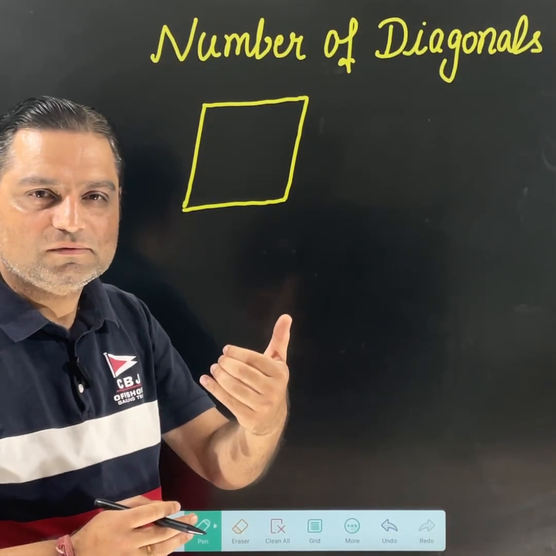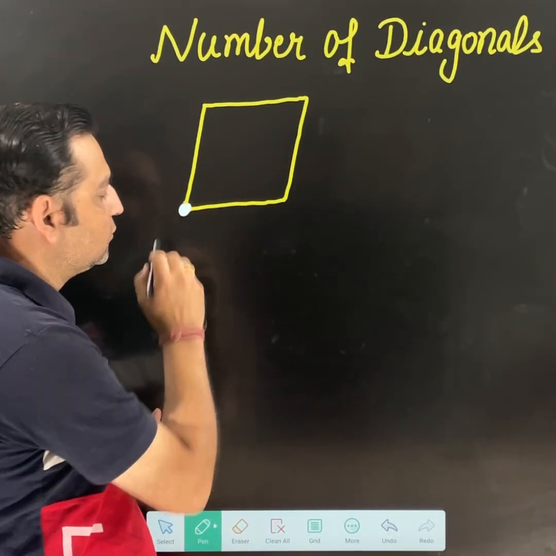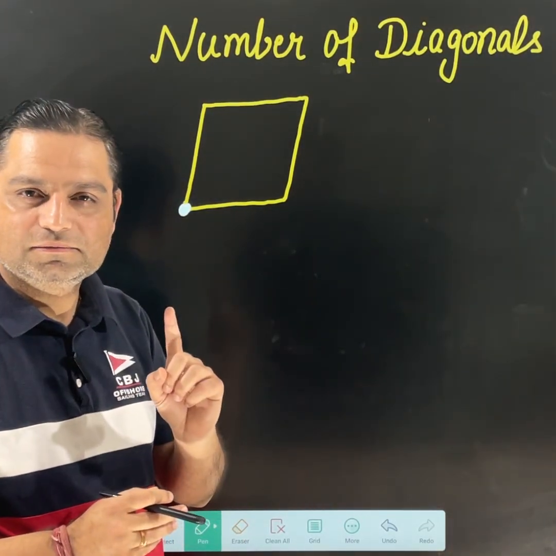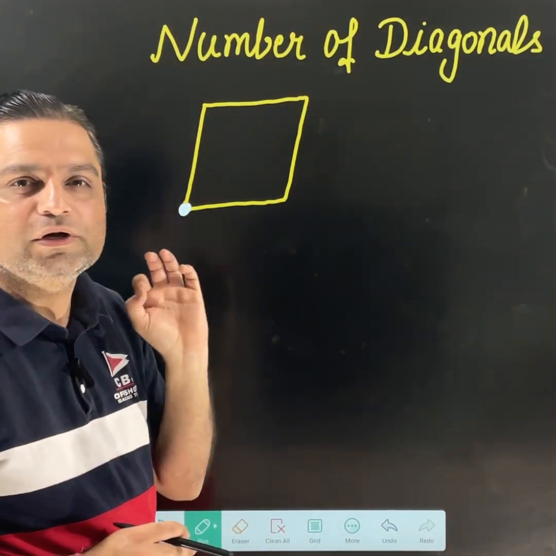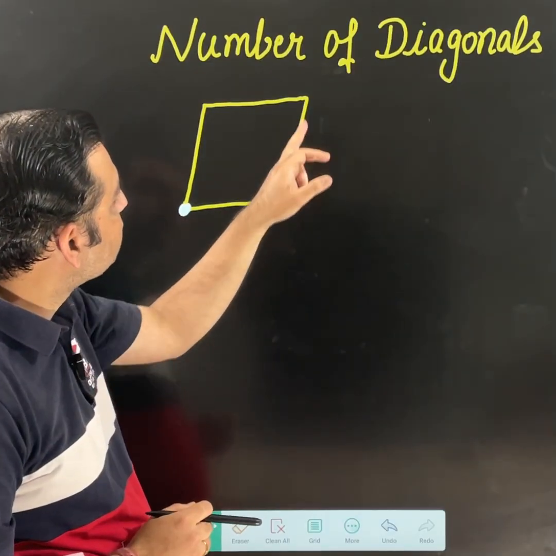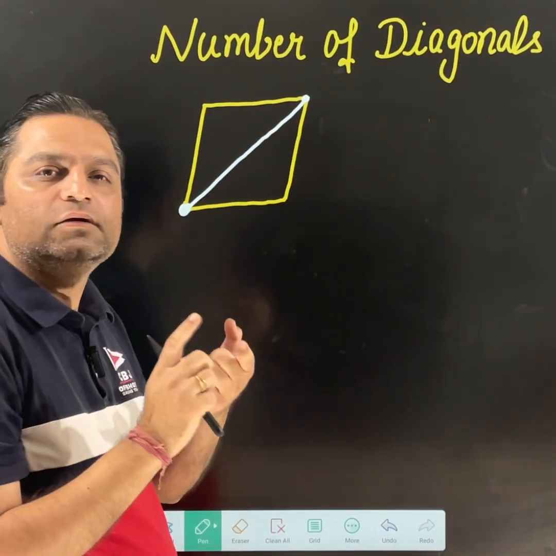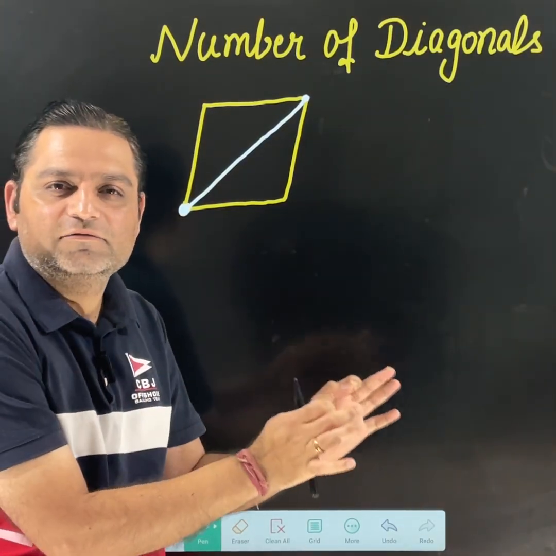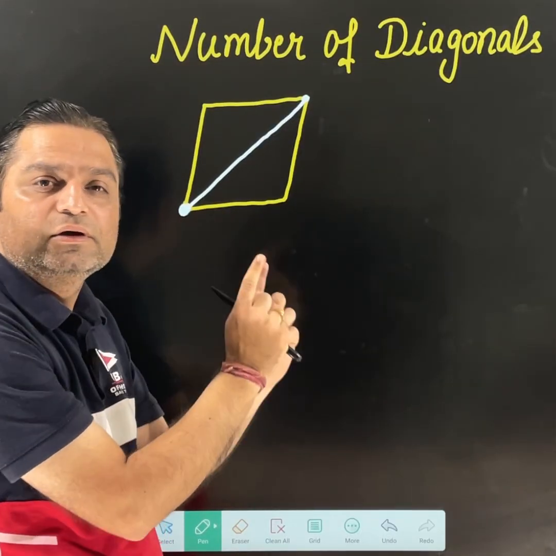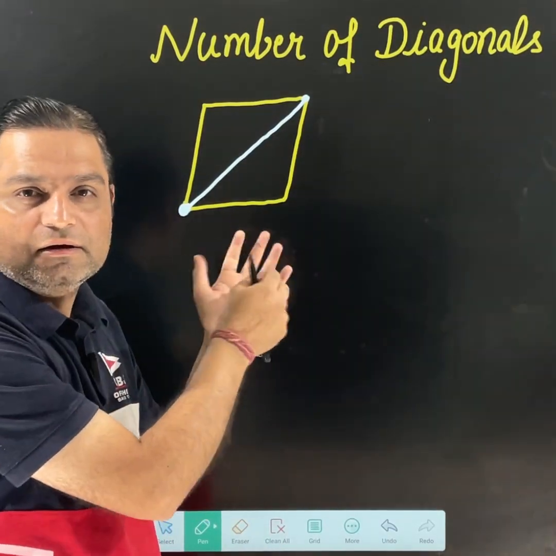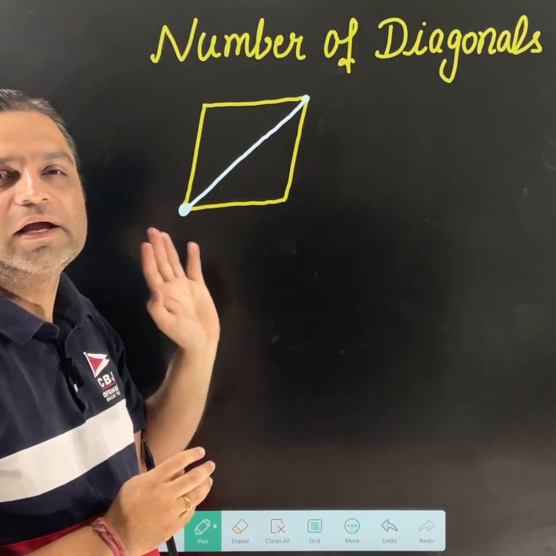How are diagonals formed? Just remember one rule. Take any point in the figure, go to the next point, leave it, no need to do anything. Move to the next point, join them. That means you need to join two non-consecutive points, because points which are next to each other form the side of your diagram, but other than that they will form a diagonal.